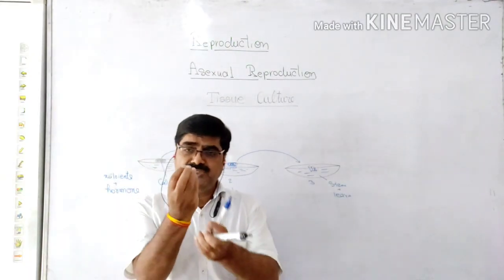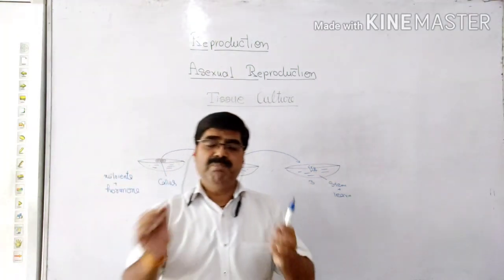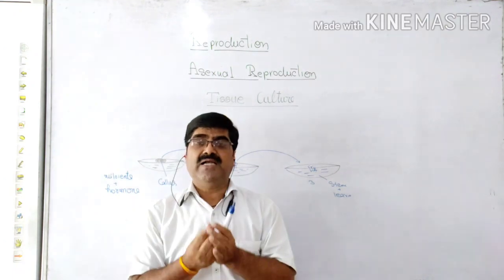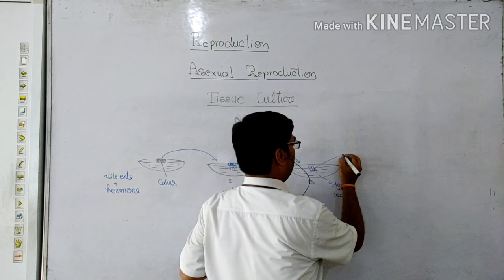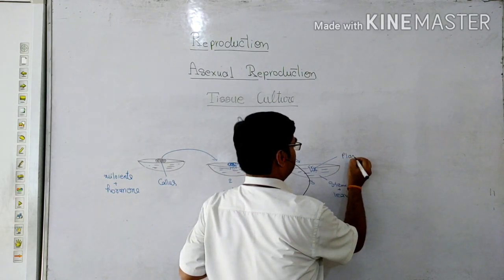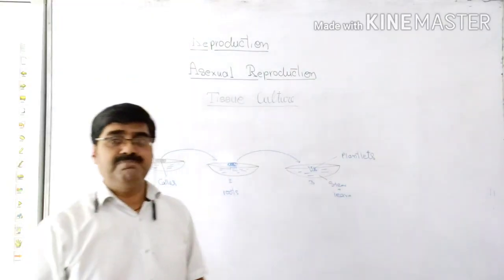Here we have a bunch, or group, of very small baby plants having very small leaves, stems and roots, and these plants so formed are called plantlets.